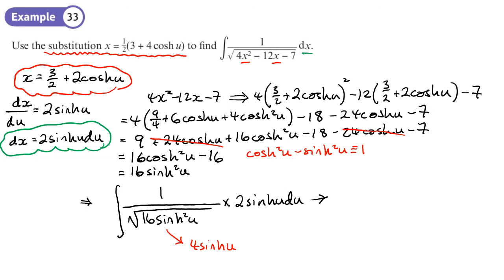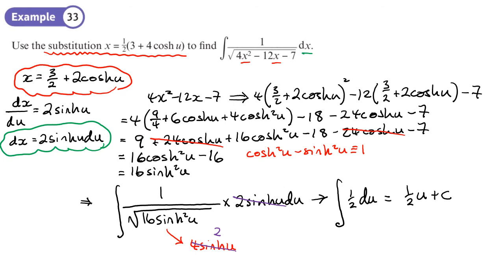And then the sinh u's are going to cancel out, aren't they? Or at least one of them at the top, leaving you with 2 at the bottom. So in effect, all we're going to be doing is integrating a half. And when you integrate a half, you're going to have half u plus c. Now we need to substitute back.